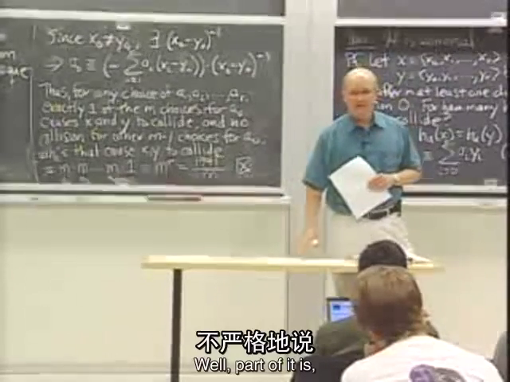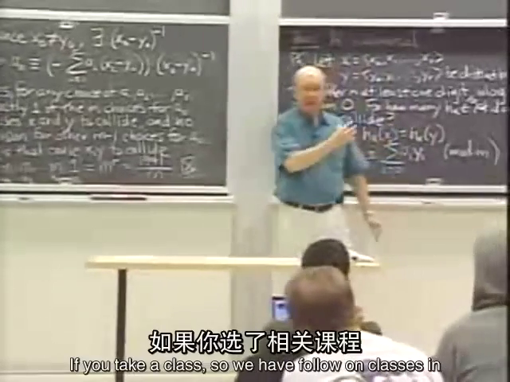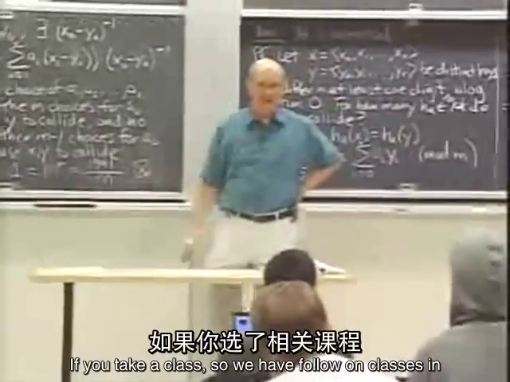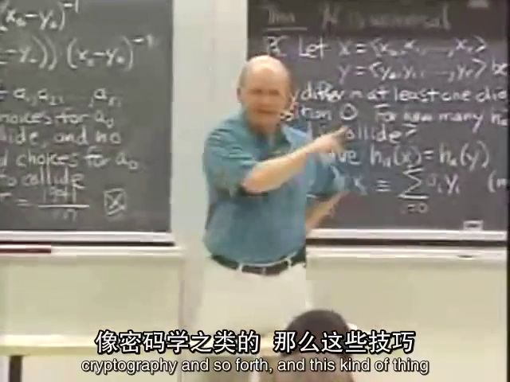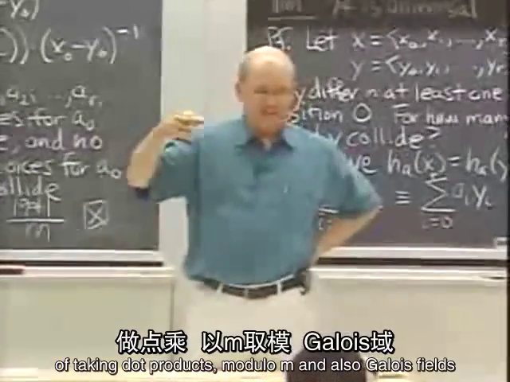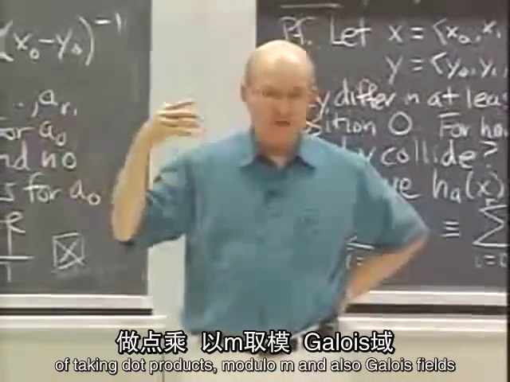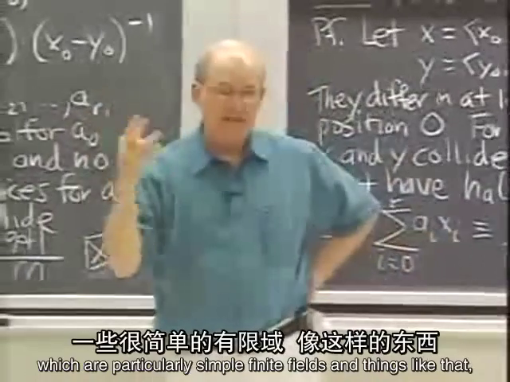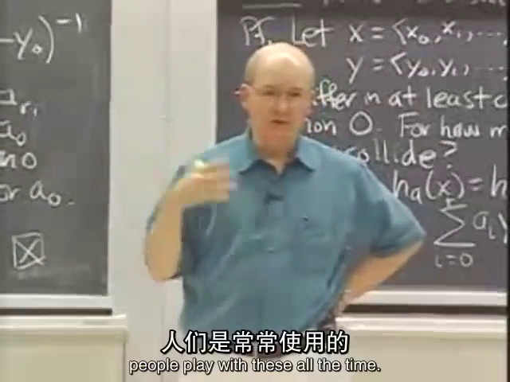Yeah. Well, part of it is, this is actually a quite common type of thing to be doing. If you take a class, we have follow-on classes in cryptography and so forth, and this kind of thing of taking dot products modulo m, and also Galois fields, which are particularly simple finite fields, people play with these all the time.